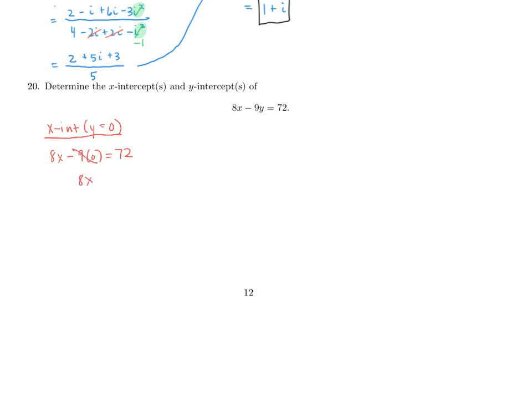So that means 8x equals 72. Divide by 8. So you get x equals 9. So your x-intercept is 9, 0. Make sure you write your answer as an ordered pair, or it's not giving the x-intercept.